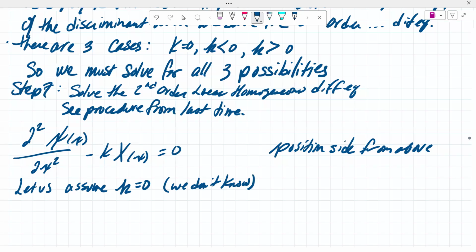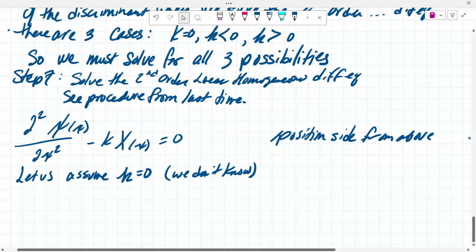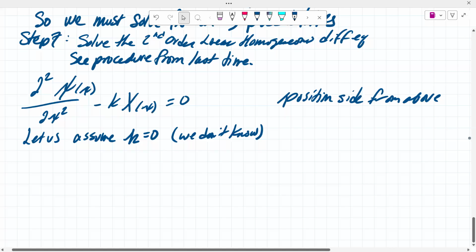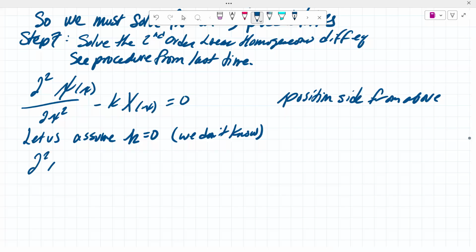Now what we're going to do is we're going to substitute that in. All right. So b squared d squared X of x over dx squared minus k times X of x.